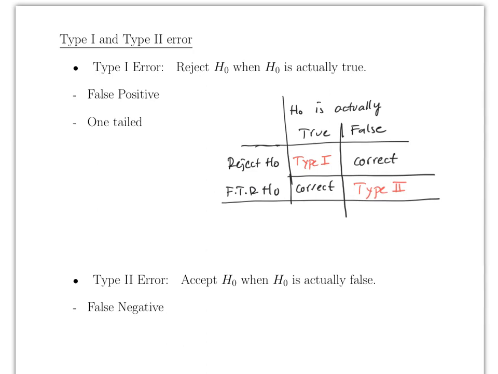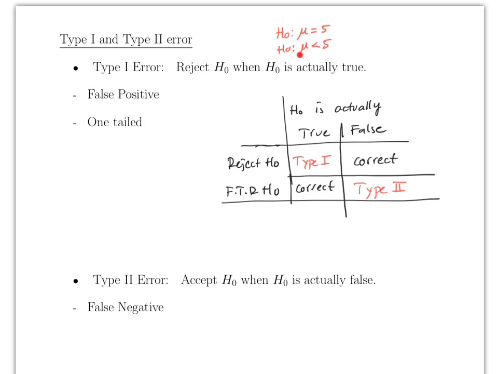So a type 1 error is going to happen when you reject H0 when it's actually true. For example, the very first example we did, remember the claim was that the batteries last 5 years, and our alternative was that no, it has to be less than 5 years, and we actually rejected this. That was the conclusion, we rejected this.